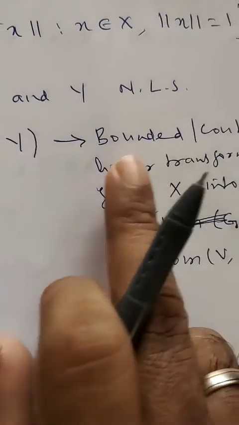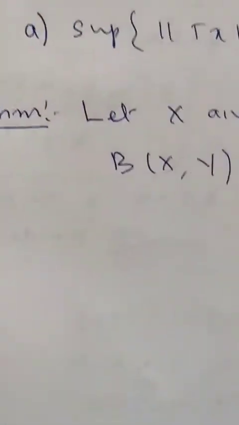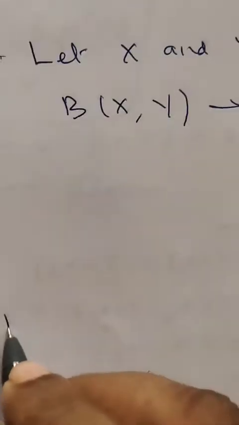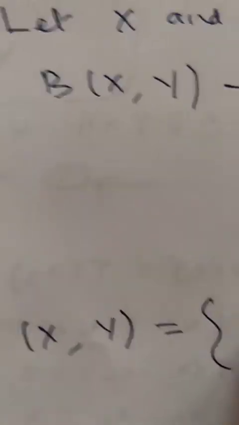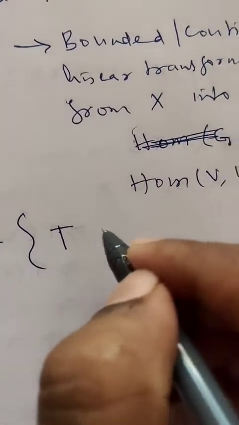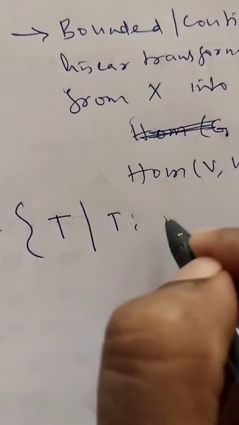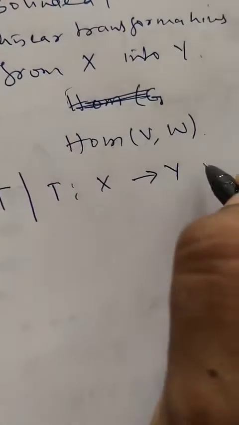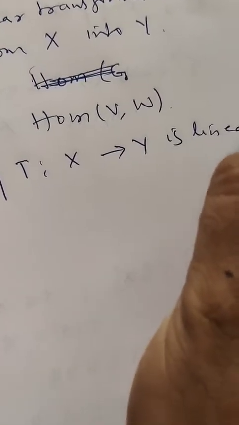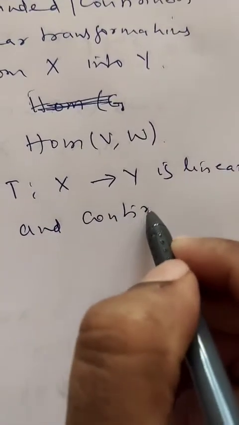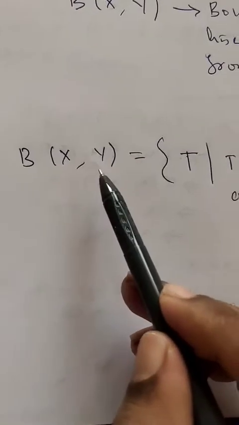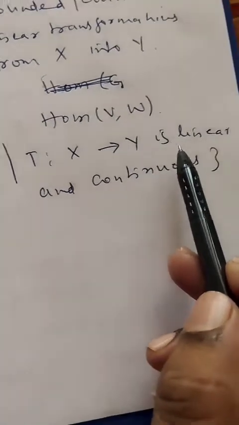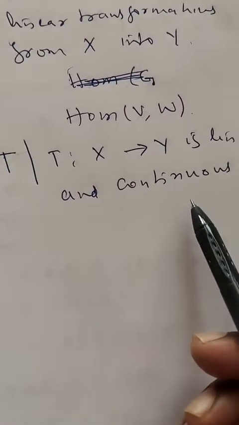This is denoted by B(X,Y), or in set notation, B(X,Y) is equal to the set of all transformations T from X to Y such that T is linear and continuous, or linear and bounded. So B(X,Y) contains the set of all transformations T from X to Y which are linear and continuous.